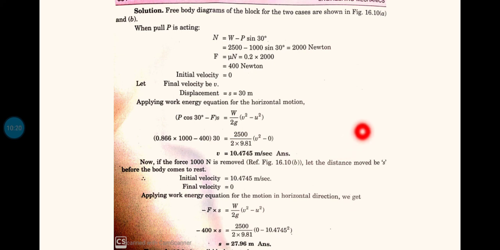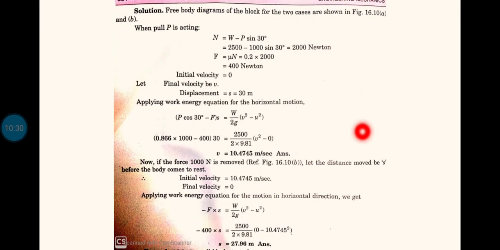Now this is the V before the force is removed. In the second part, force P is removed, so at that time the body has velocity V. So the initial velocity for the second case is this one, 10.47, and finally the body is going to stop, so final velocity is 0.